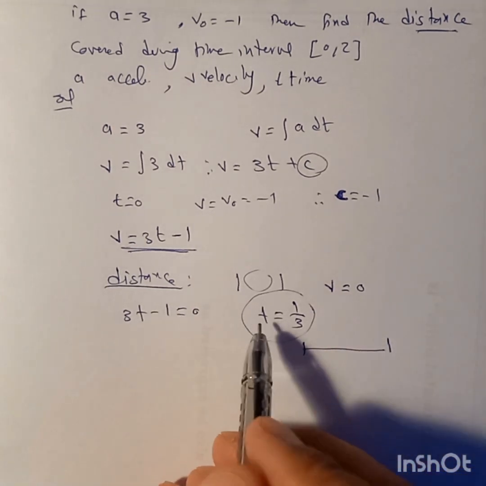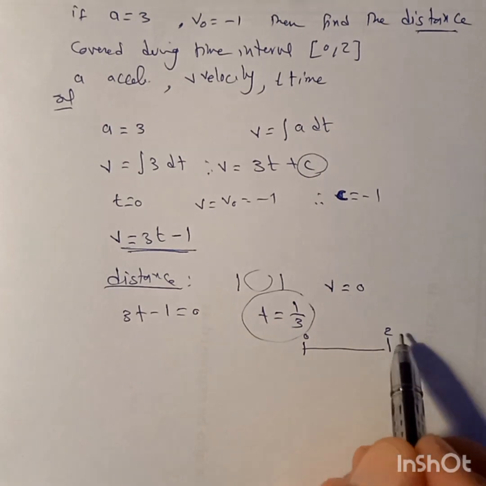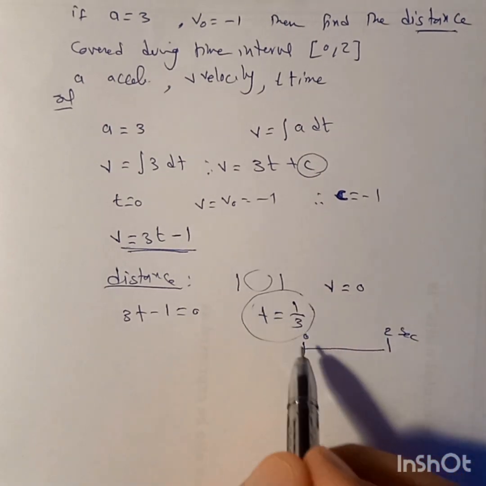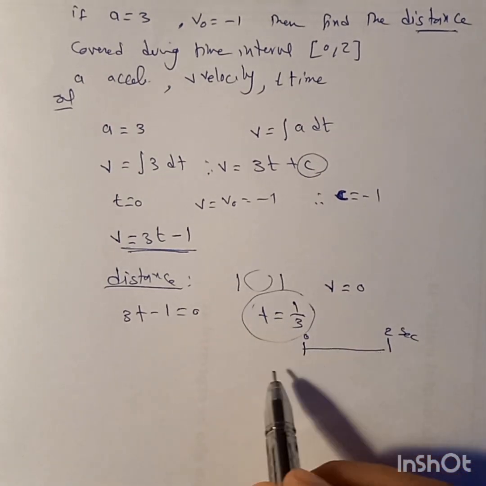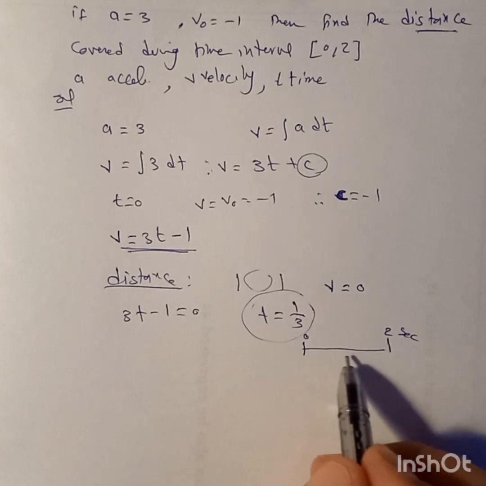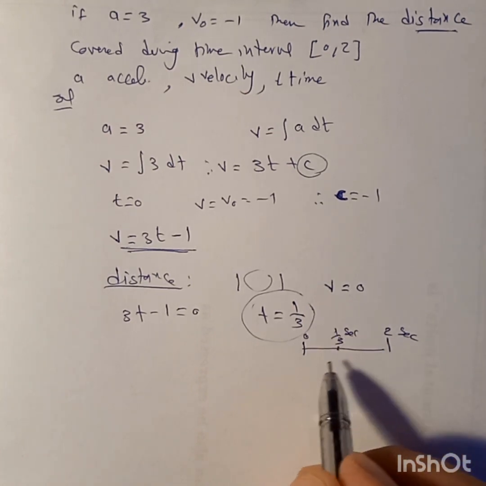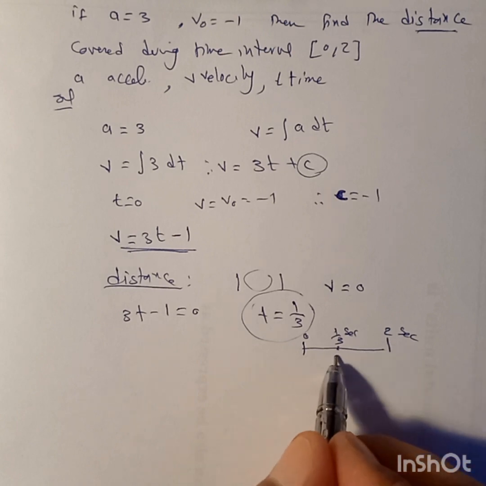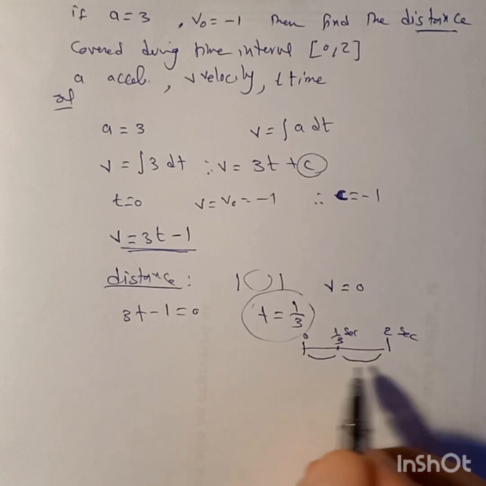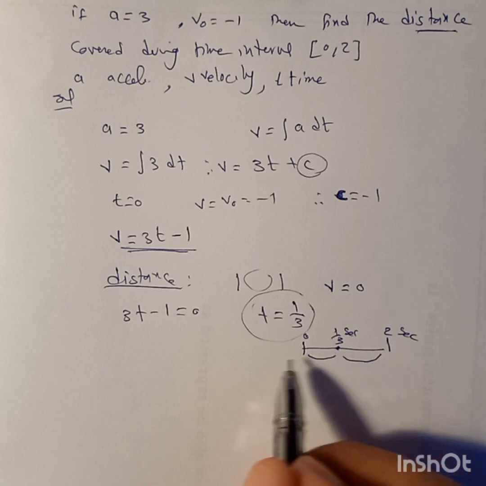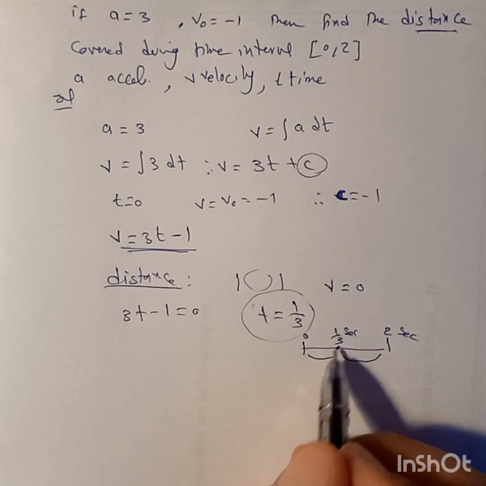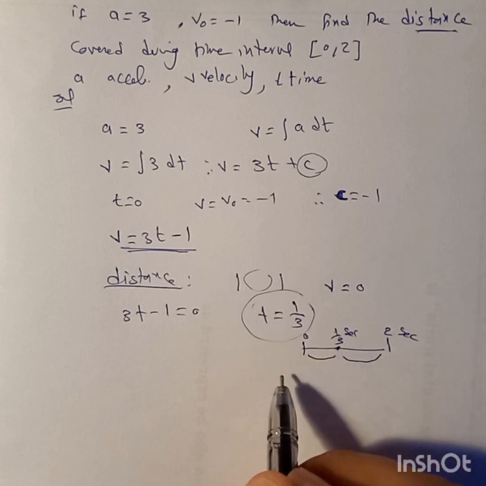Here from 0 to 2 seconds, 1 over 3 is included in this time interval, so we have two intervals, this one and this one. The direction changed at 1 over 3, at v equals 0.